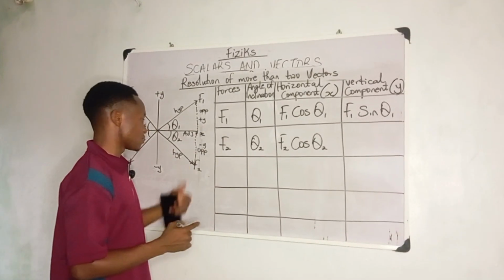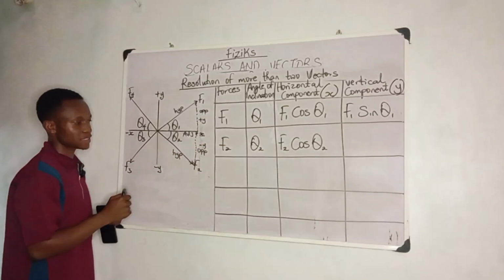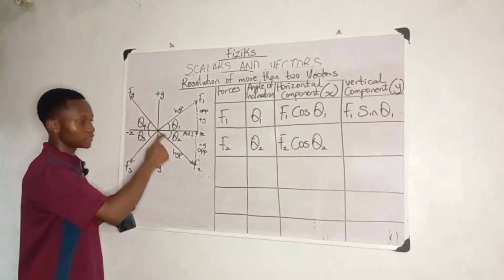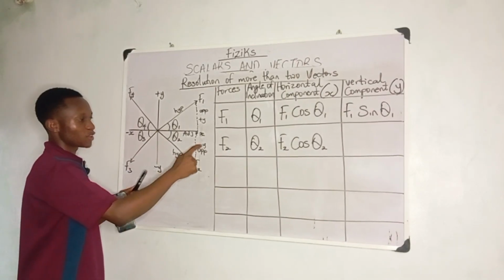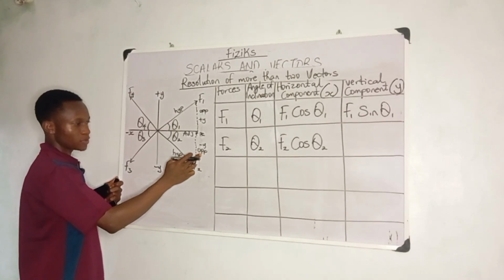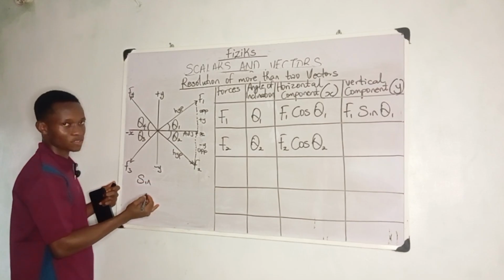Alright, now coming over to this, let's see the vertical component. For the vertical component, we'll be making use of the minus y. So if you have minus y, I'm going to be using opposite and hypotenuse. So I have sine, because of that.